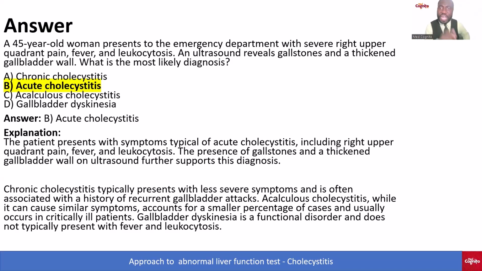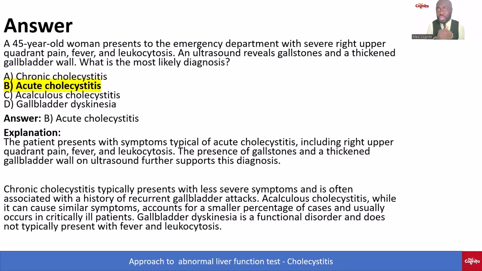The presence of gallstones and a thickened gallbladder wall on ultrasound further supports this diagnosis. So even this teaching point alone helps us to know how to pick up a case of acute cholecystitis in an exam setting. Right upper quadrant pain, fever, leukocytosis, presence of a gallstone, and thickened gallbladder wall.